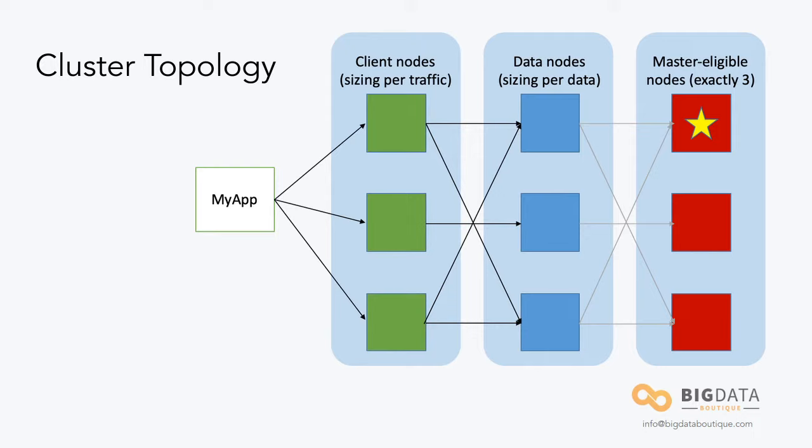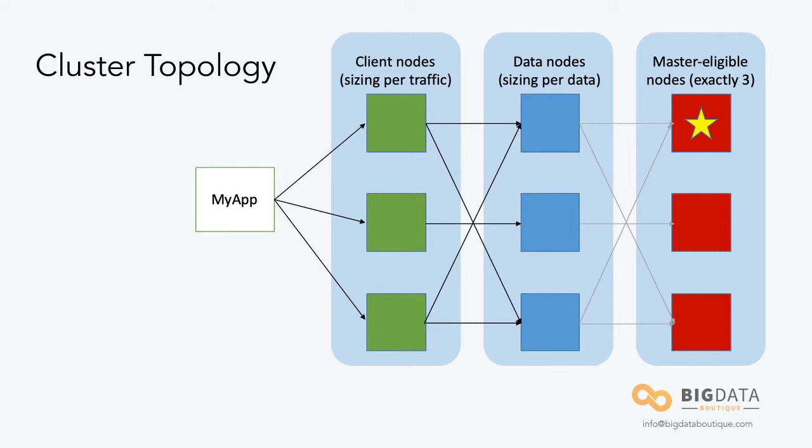You should, in fact, not even direct requests to them. They should just be in the cluster and let them do what they do, and your requests should really only go to the data nodes. Data nodes are the nodes that are going to have a lot of resources, a lot of CPU, a lot of memory, and those are going to handle your requests, your queries, your indexing requests, and so on.